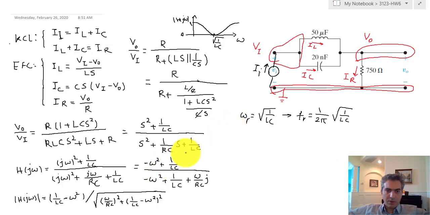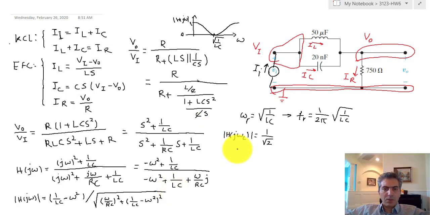In other words, in this specific equation, I'm looking for a point where the magnitude of H(jω_c) becomes 1 over the square root of 2, because 1 is the maximum. We already established that. Now you put that in this equation and do the calculation, and you're going to get the values.